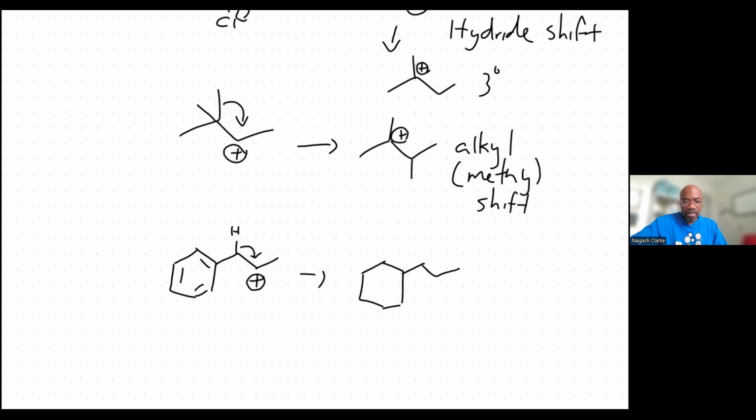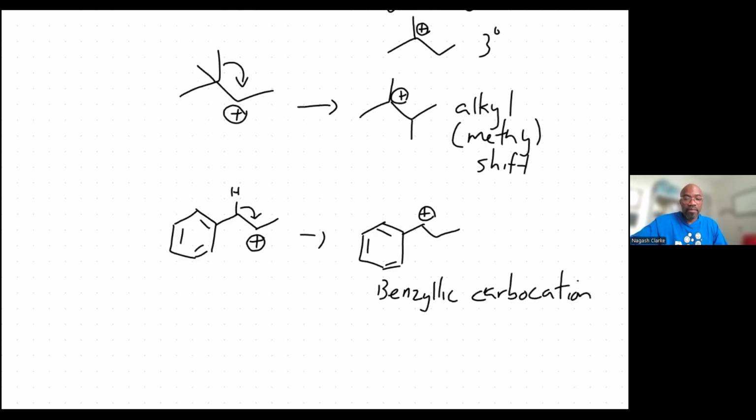But the reason this shift happens is because this carbon here is now a benzylic carbocation, which is significantly more stable than the regular secondary carbocation because of resonance stabilization.